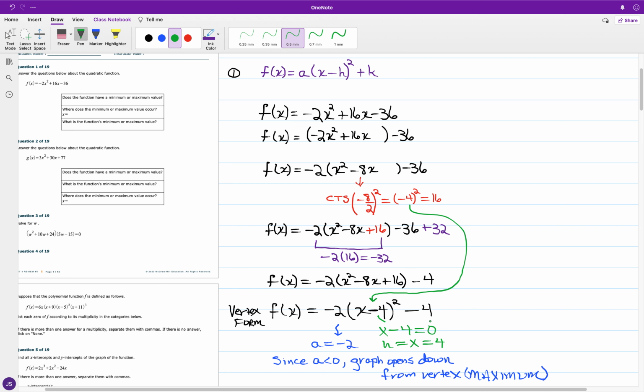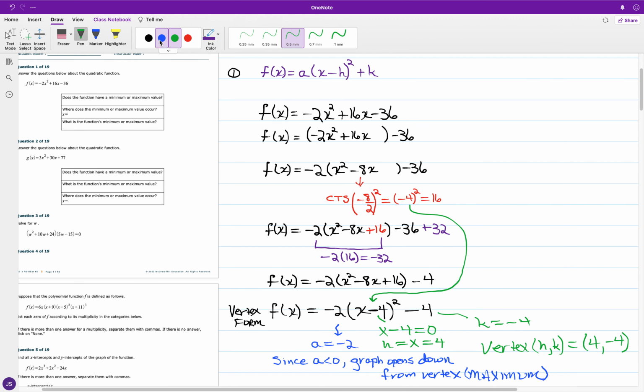And again, the k value is equal to negative 4. And so the vertex h, k is going to be at 4, negative 4.